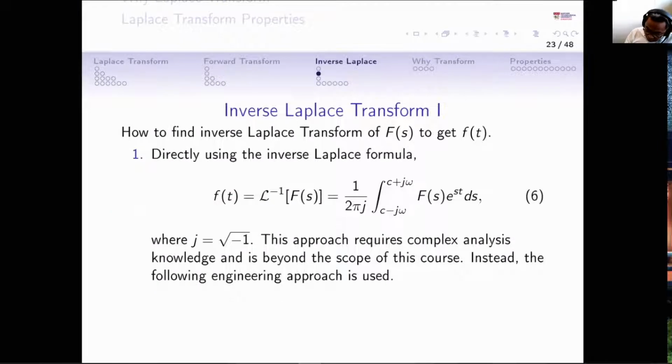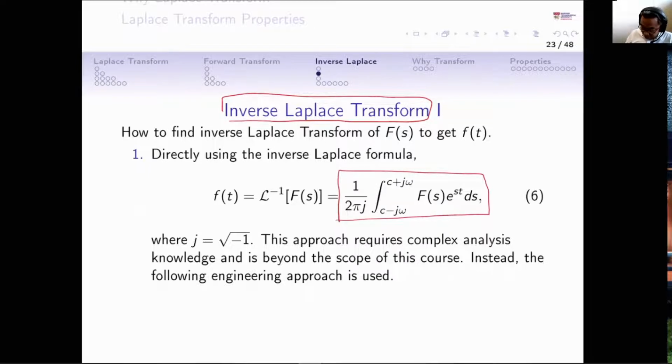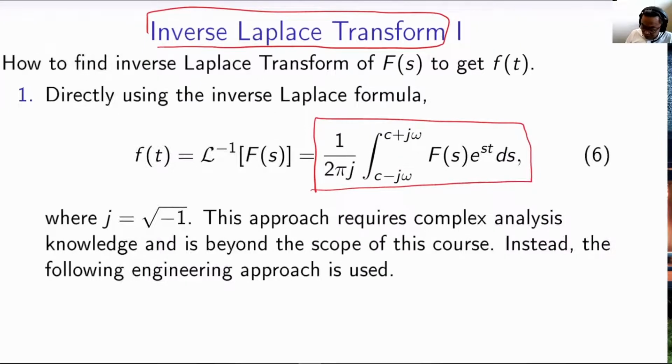The direct way to perform inverse Laplace transform is the equation given to us in the beginning of this course, which is to perform this integration: 1 over 2 pi j, the integration from this value to this value, F(s) e^(+st) ds.